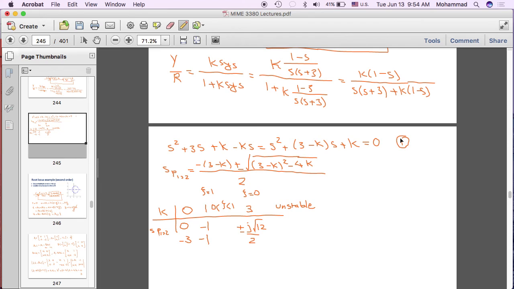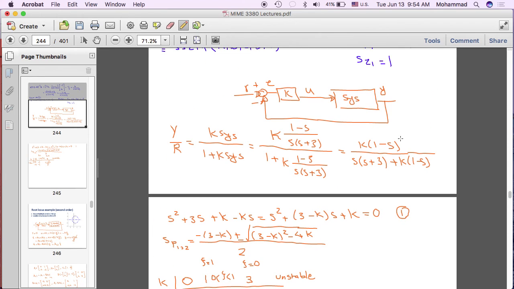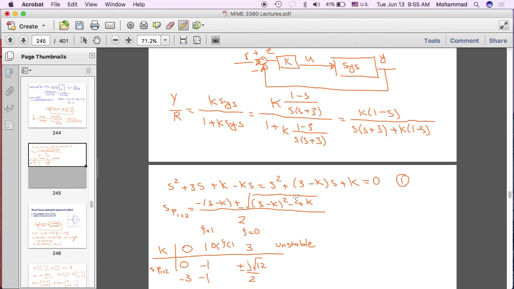We found the transfer function of the closed loop, and we set the denominator of that transfer function equal to 0, and the polynomial that we found was s squared plus 3 minus K s plus K.